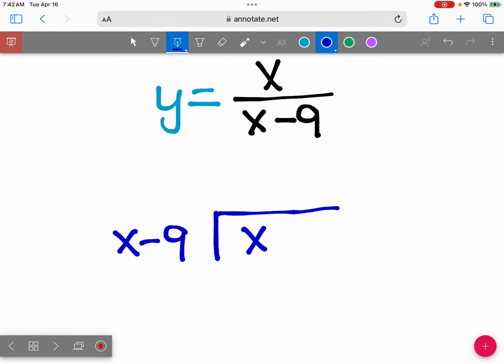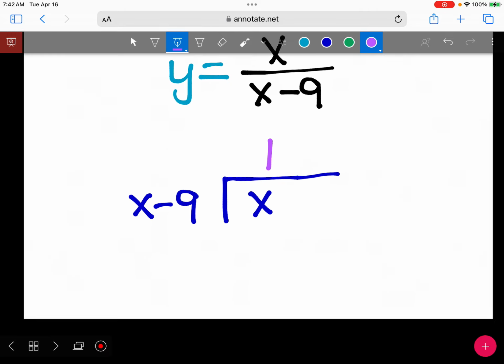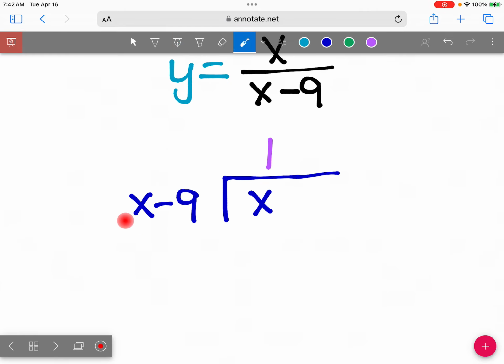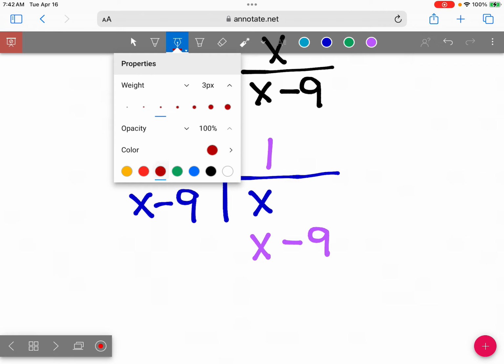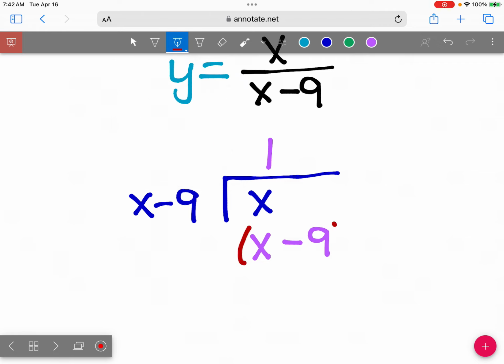What's going to go on top? 1. Multiply that by my whole term on the left. Bring me x minus 9 under here. And then we subtract.